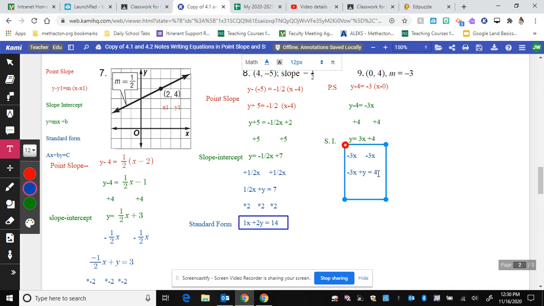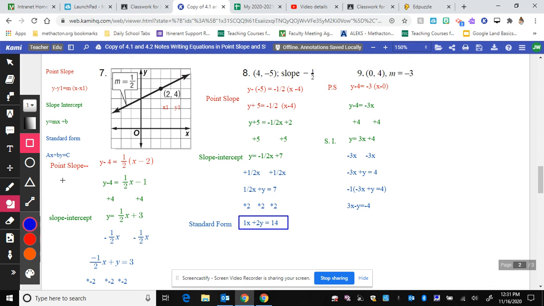So in order to get rid of that negative sign, I'm going to multiply everything by -1. So when I do that, all of my signs will change, and I'll be left with positive 3x minus y equals -4. And that is your equation in standard form.